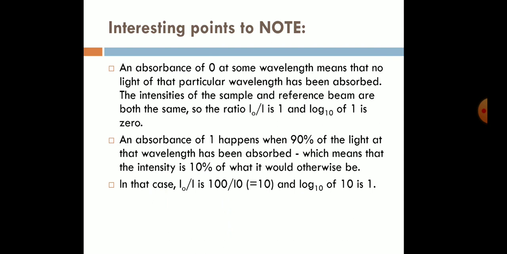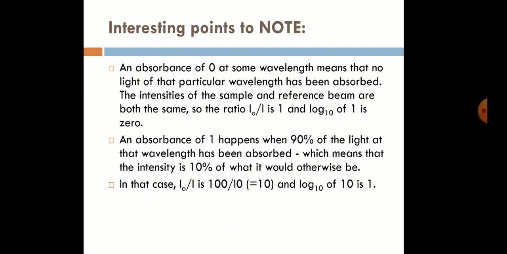An absorbance of 1 means that 90% of the light at that wavelength has been absorbed, which means the intensity is 10% of what it would otherwise be. So when we get an absorbance of 1, 90% of the light has been absorbed and 10% is transmitted.